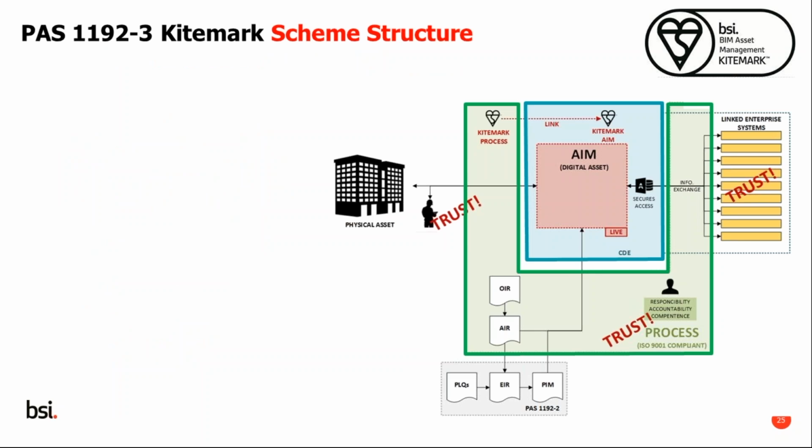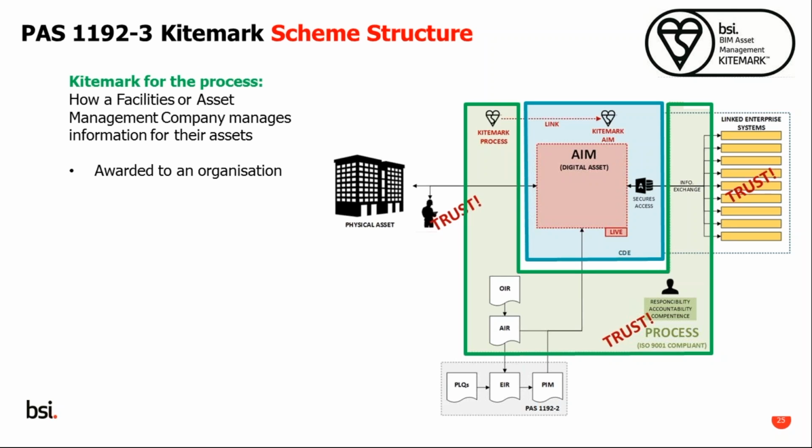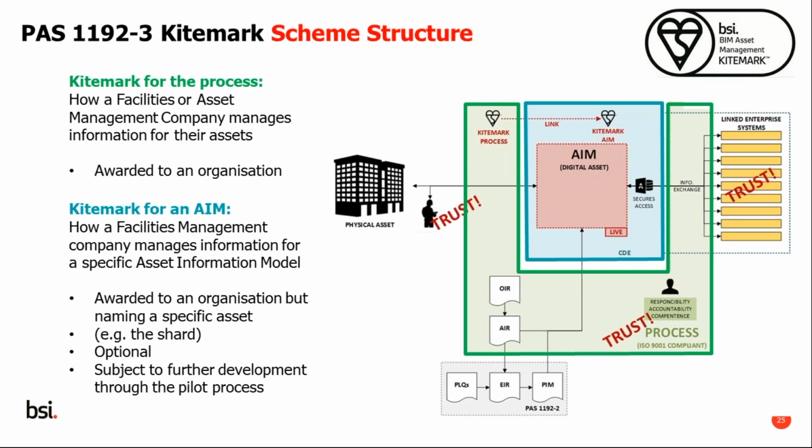One of the key decisions made by the shaping group is that we can award a certification at an organizational level. We issue a certificate to the organization, much like we've done with our Part 2 client certification. But what's unique with this certification scheme is that we can also issue a kite mark against the asset information model itself.